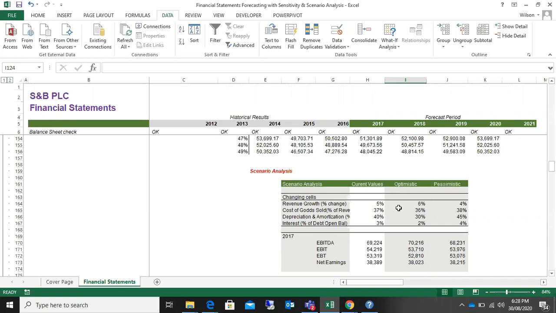If you are optimistic that revenue is growing from 5 to 6%, you are also optimistic that cost of goods sold is from 37 to 36, which is optimistic. Depreciation 40% to 30%, which is also optimistic. Now interest 3% to 2%, which is also optimistic. So it means the net earnings should actually go up.